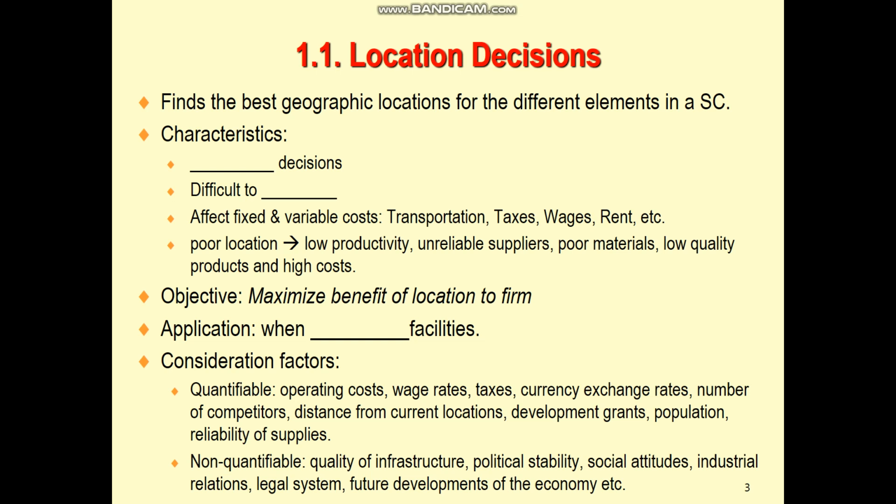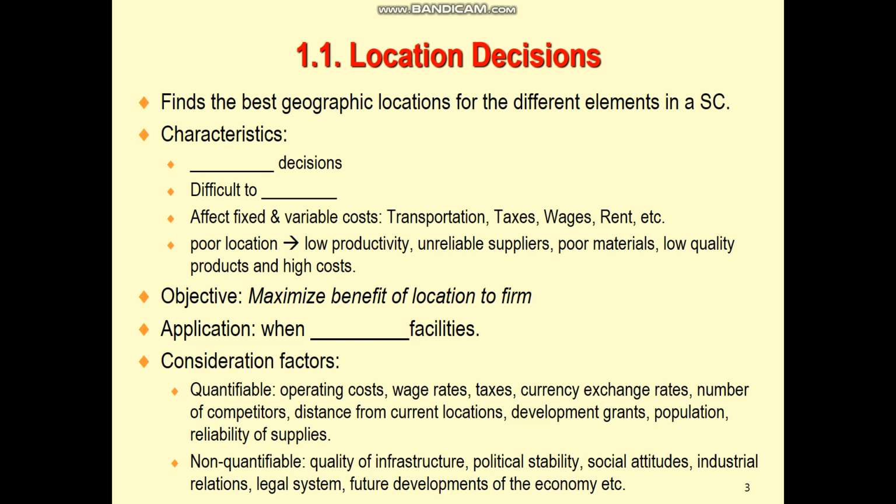Of course you can do it, but it will cost a lot of money. You have to pay for the operating cost, building house, building store cost, so on and so forth. So location decision is very difficult to reverse. You can do it, but you have to pay a lot of cost for it.